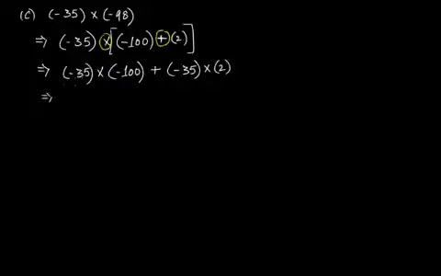If you solve them, this will give you 3500, and then you have this 70. Sorry, this is a minus sign here, because minus 35 times 2 will be minus 70, and you have a plus sign here, that's why you'll get a minus sign here.